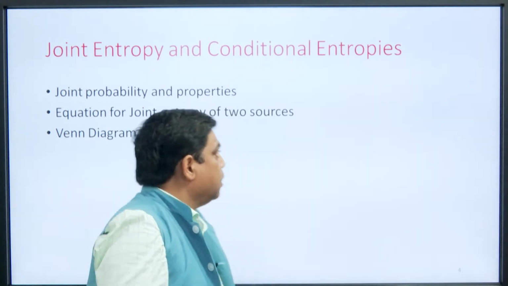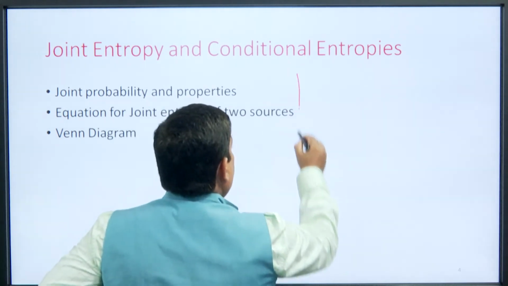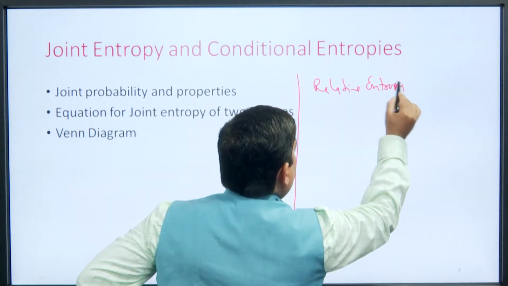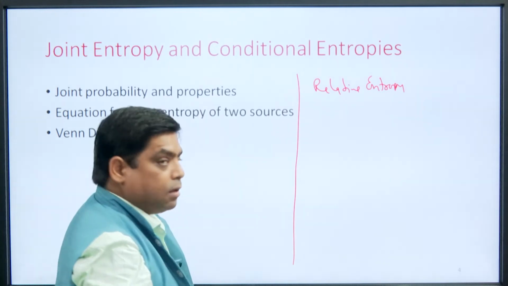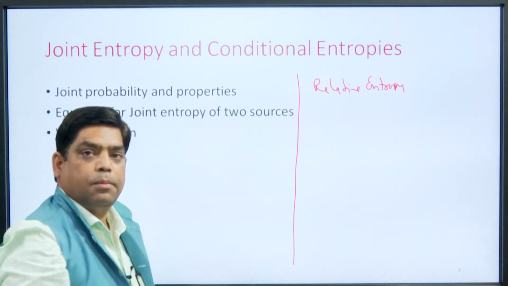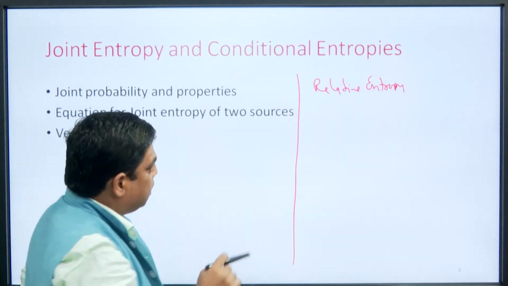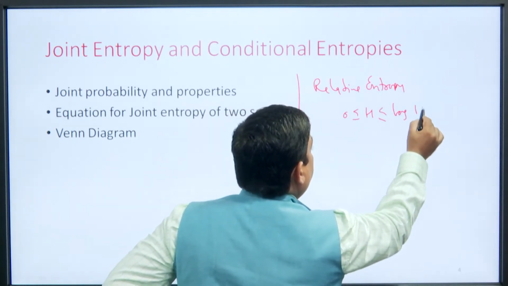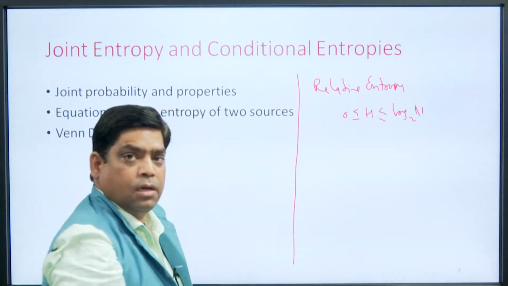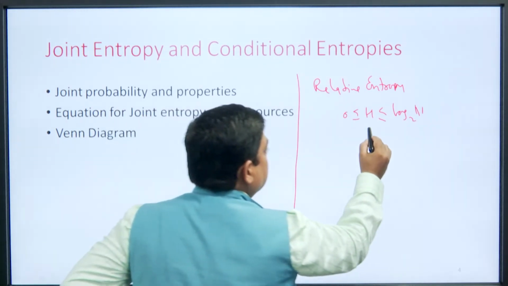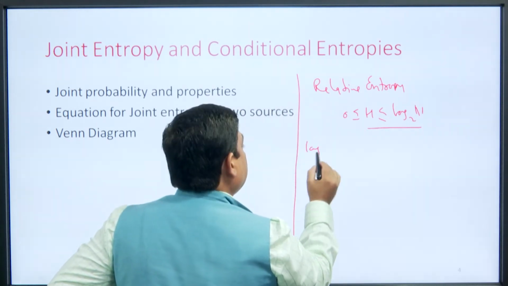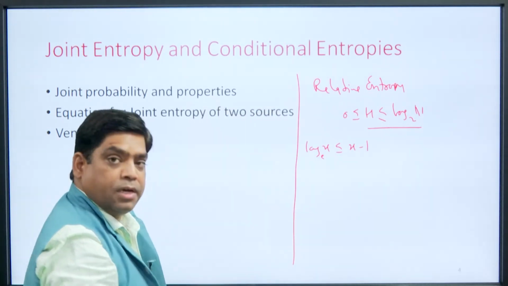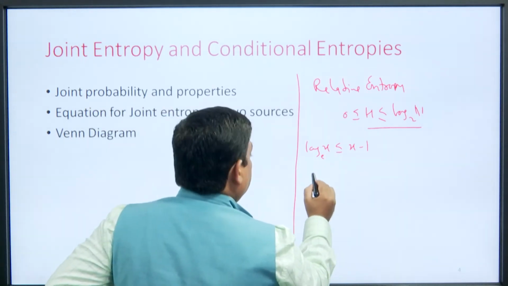In relative entropy, when we were proving the properties of entropy, that is the bounding of H by log of n base 2 when the source was equiprobable, we took the help of an inequality, log of x less than or equal to x minus 1, and we assumed one quantity at that time, that is probability.